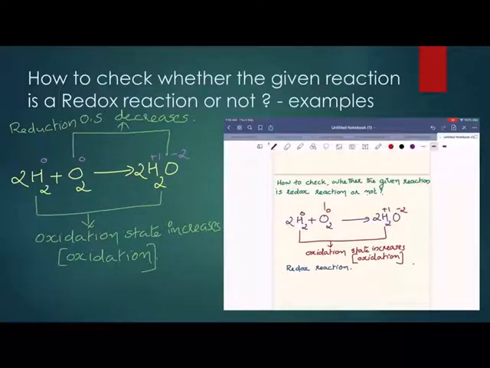Similarly, here you can see the oxygen oxidation state has decreased. So here a reduction in oxidation state happens, and we call that reduction. So in this reaction, oxidation also happened, reduction also happened. So this is a redox reaction.